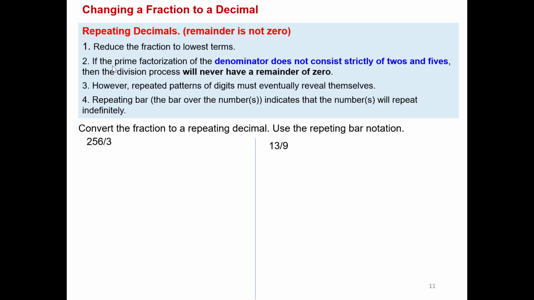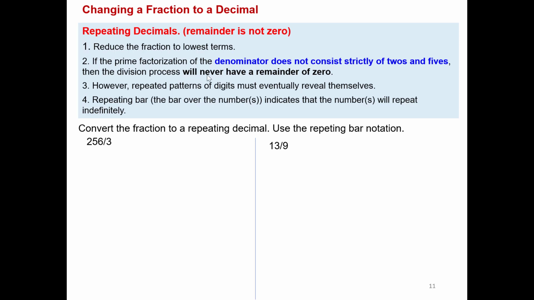In that case, the prime factorization of the denominator does not consist strictly of 2's or 5's. Then the division process will never have a remainder of 0.